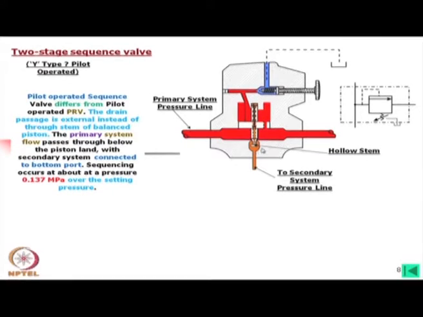And here also, as I have explained, to keep this stem in balance, there is a small hole so that the pressure on this side and on that side remains the same. There is also a spring, because this is a balanced piston.